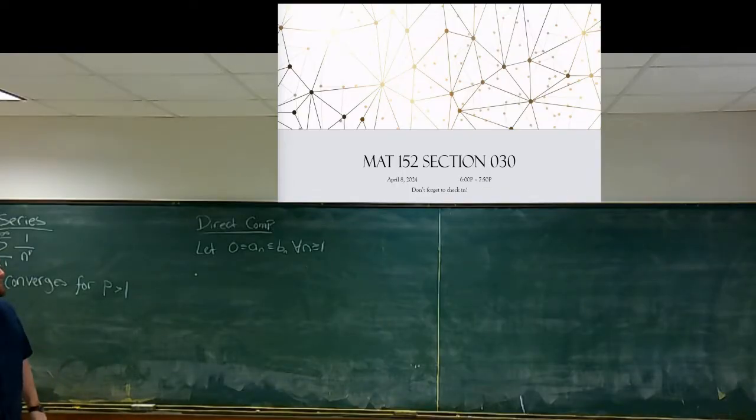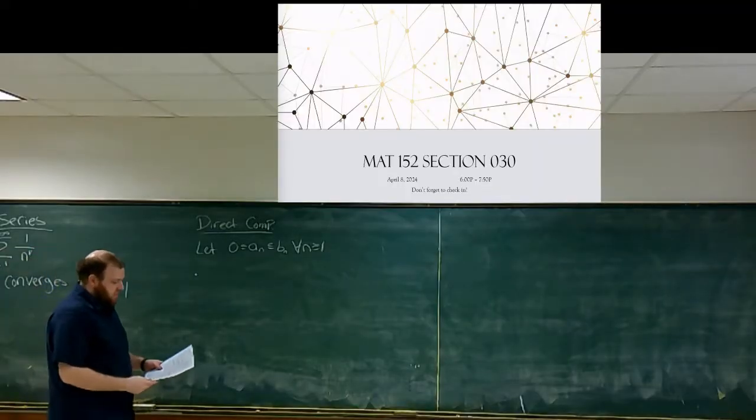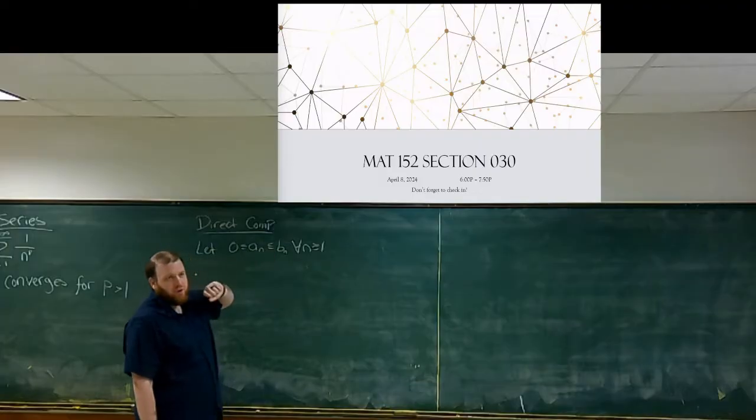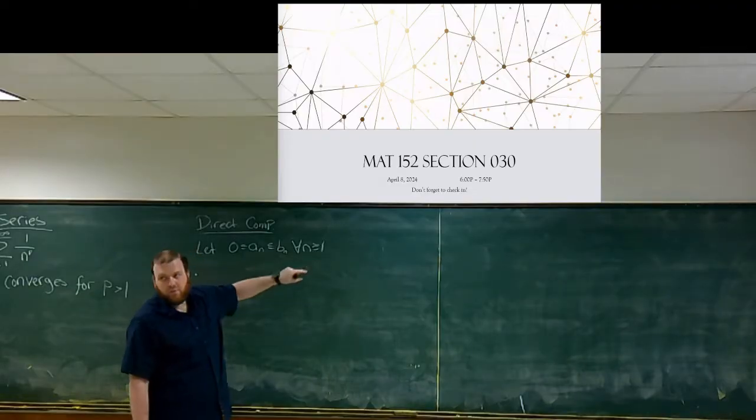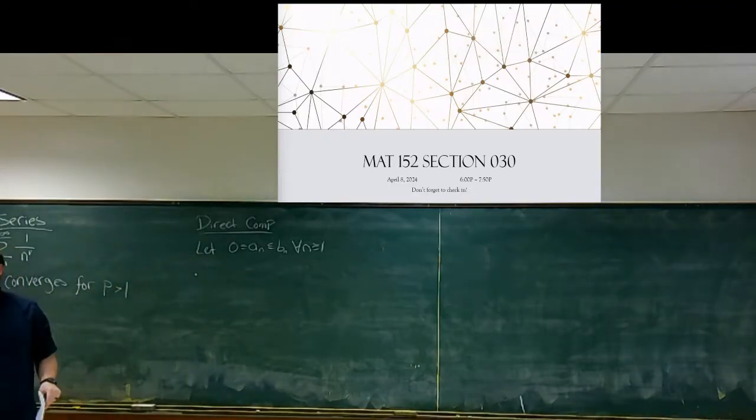So we have two general terms, a sub n, b sub n, both are positive. We're also going to say that b sub n is larger for all n greater than or equal to 1. Now, technically it just has to be after some starting point, so it could be for all n greater than or equal to 100. As long as it's true for every n after some starting point, then you can use direct comparison.